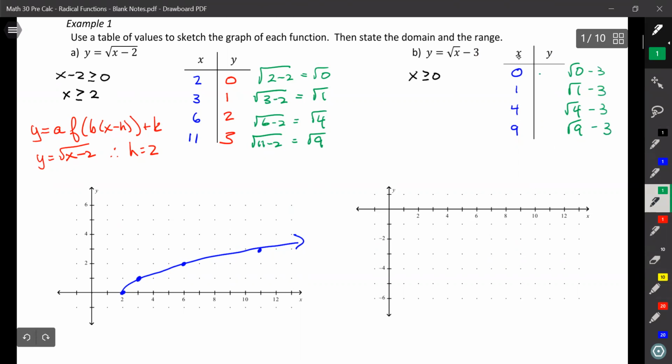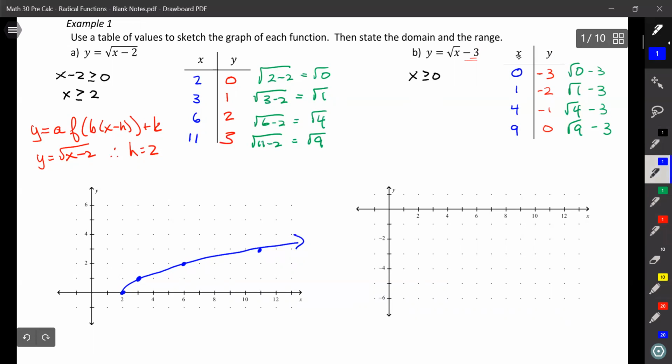So this one here would be negative 3. The square root of 1 is 1. 1 minus 3 is negative 2. The square root of 4 is 2. 2 minus 3 is negative 1. The square root of 9 is 3. 3 minus 3 is 0. I had forgotten this when I did it.